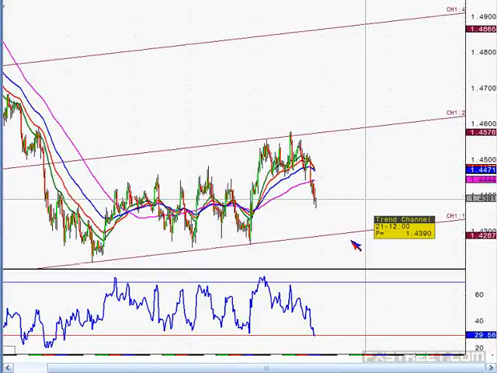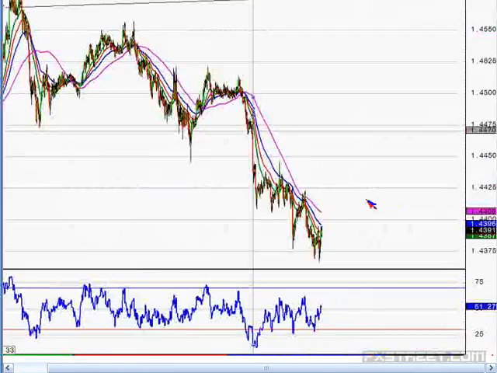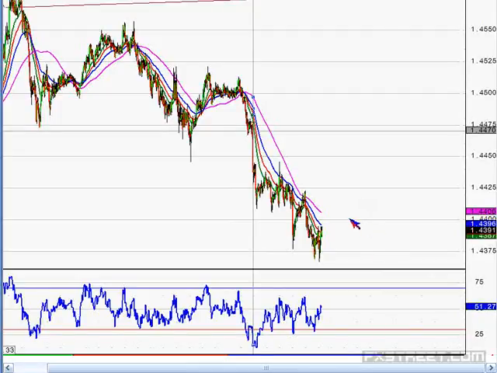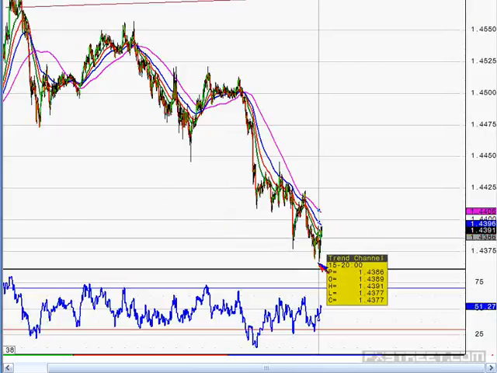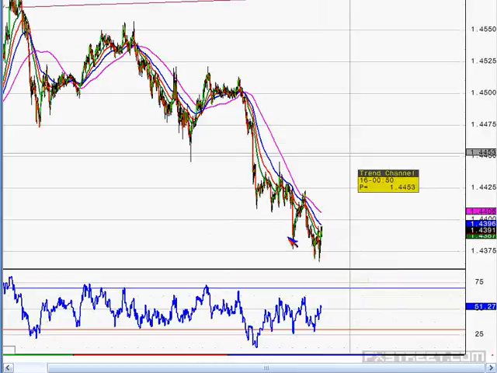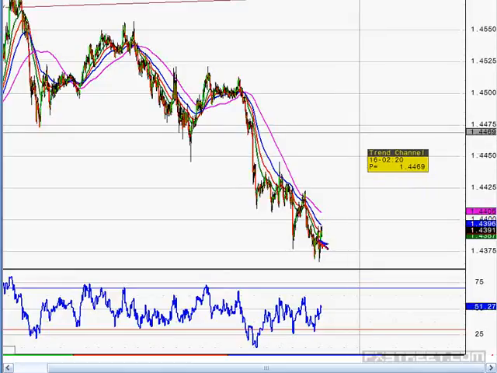So we do have the major support, which is about 142.85. This is where you see the trend channel meeting. So what I would do on this particular cross, if you see here on the 5-minute chart, the downside moves are getting closer and closer, meaning the bears are getting pretty weak.